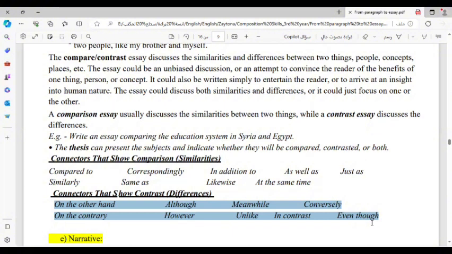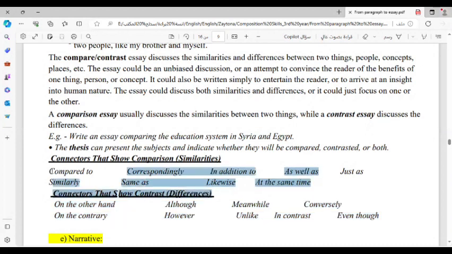So you see here that when I use one of these words, I'm focusing on the opposite idea. Before using this word, in the first part of the sentence and in the second part of the sentence, we are showing the differences, while in this section, we are showing the similarities. Is it clear? Yes, it's clear. Okay, great.